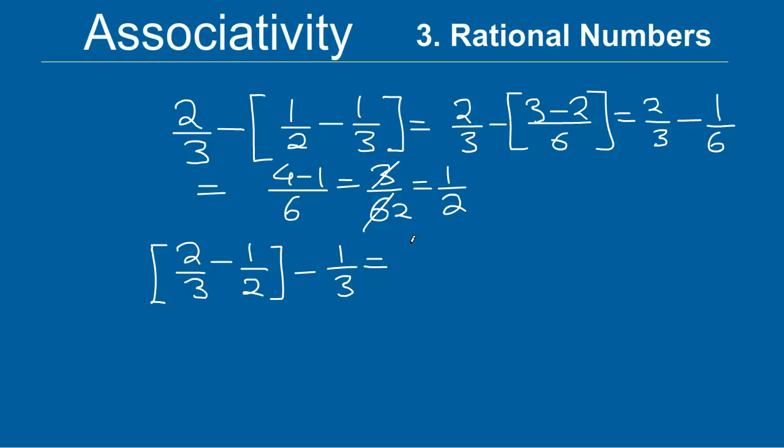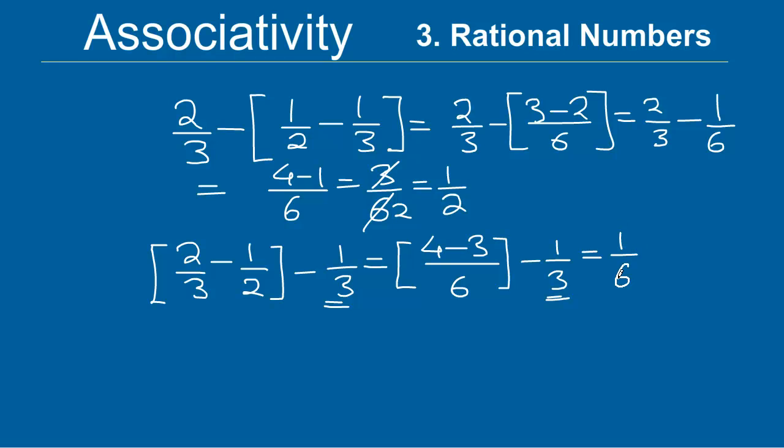So here we will get 6 as our LCM, and 3 twos are 6, 2 times 2 is 4, minus, I should say 2 times 3 is 6, 1 times 3 is 3, minus 1 by 3, let's write it over here, equal to, so 4 minus 3 is 1 by 6.